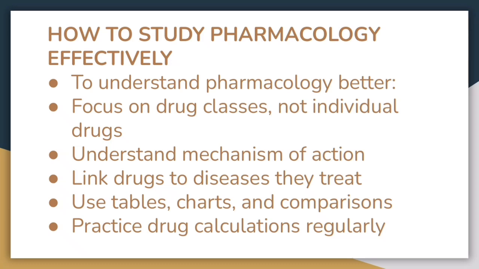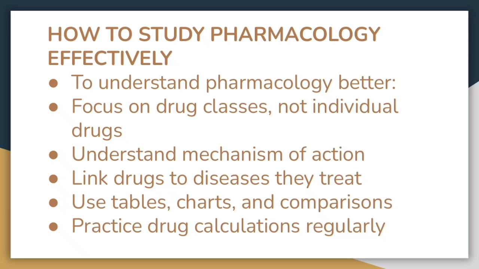Then link drugs to diseases they treat. Yes, do not, and I repeat, do not isolate drugs from what they treat. The way I do it is, first of all, I study the anatomy of that particular organ, the structure. I go into the physiology, to know this is how it normally operates. Then I go into the pathophysiology, which is the disease, what could have gone wrong with this normal physiology, and from there I study which drug can be used to treat that.